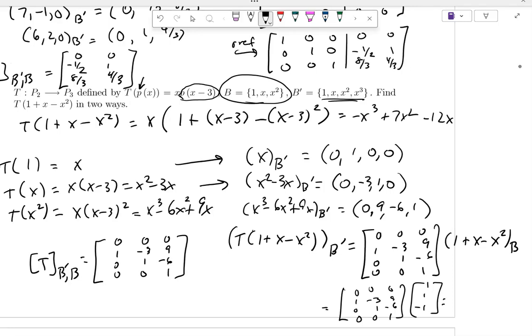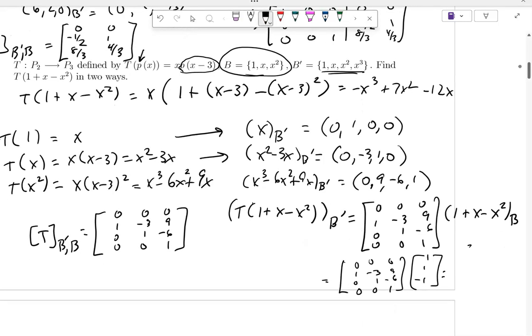And now let's multiply. What do you get when you multiply? Did I do that wrong? It should be 0 in the first one, right?